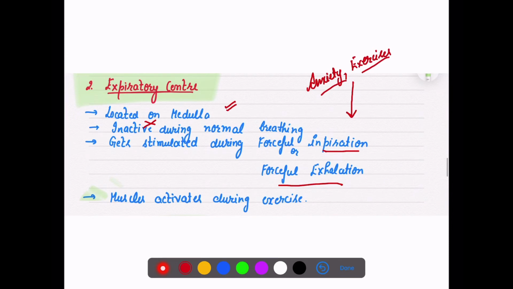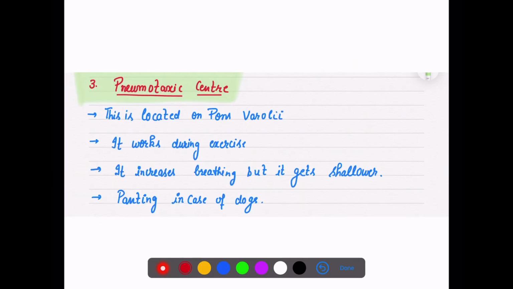During these kinds of conditions, there is forceful inspiration or forceful exhalation, and at that time this expiratory center gets activated.